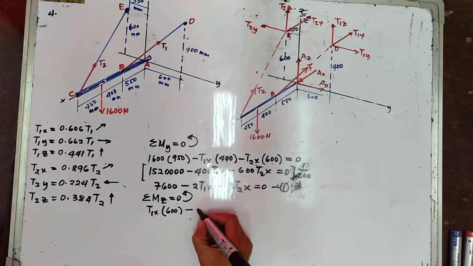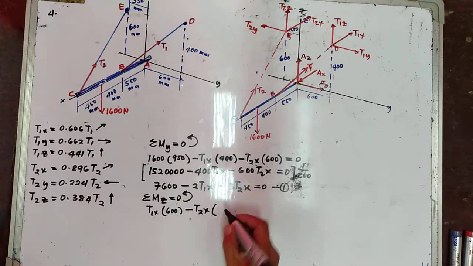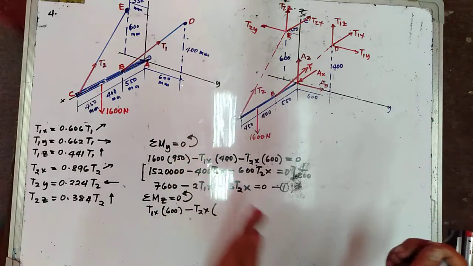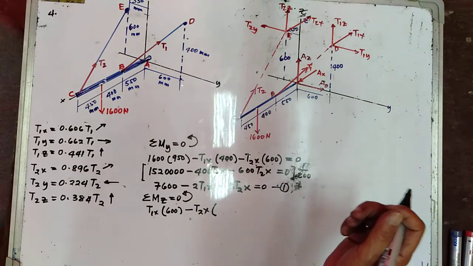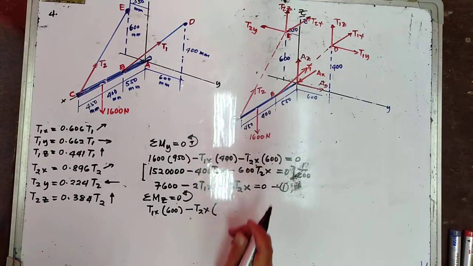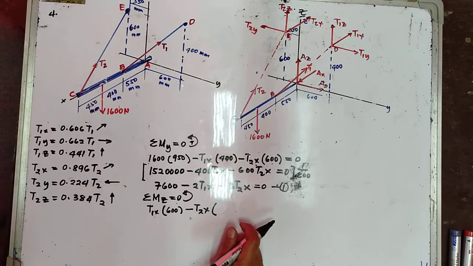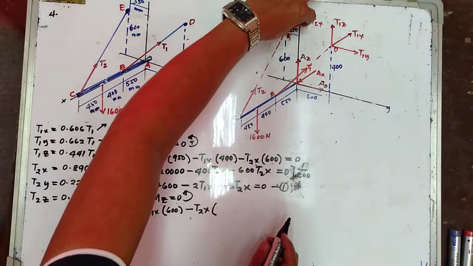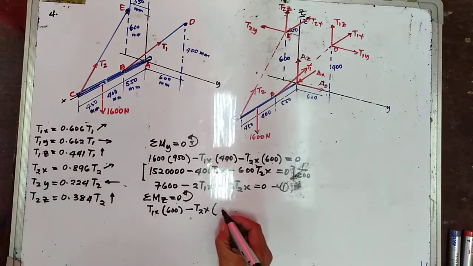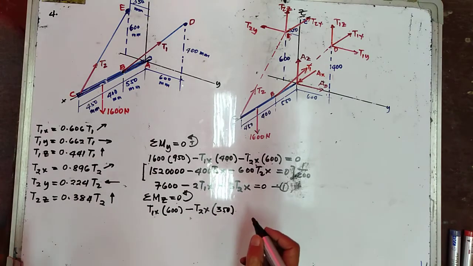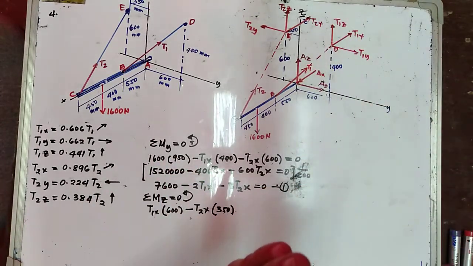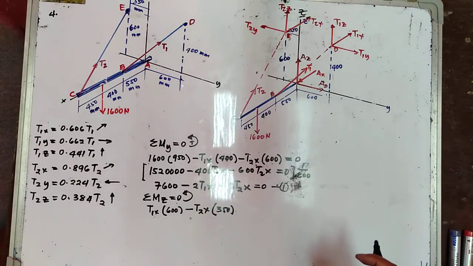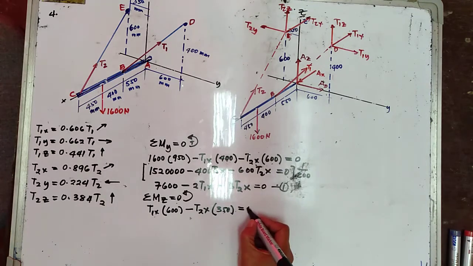So it is minus T2X, multiplied by the moment arm, and the moment arm is this distance in here. So that is 350 millimeter. Here is the y-axis, so it goes that way. Then, this is now equal to 0.